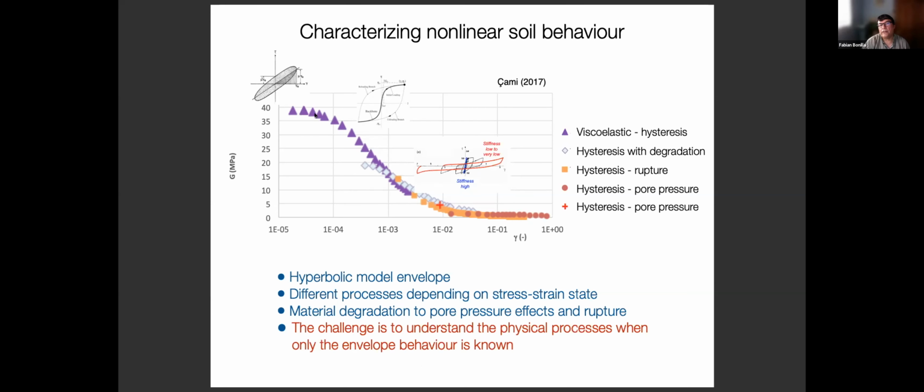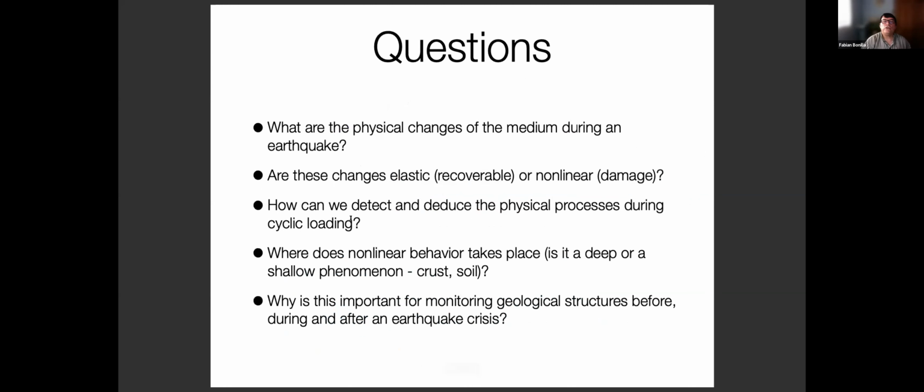So we have this information. How are we going to get the parameters that pass from this kind of state to the next state as the ground motion increases? So the question is, what are the physical changes in the medium during an earthquake? And can we detect these changes using observations?